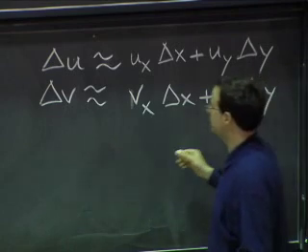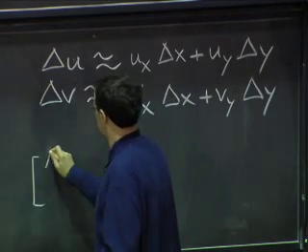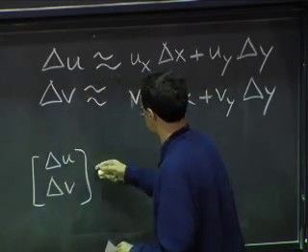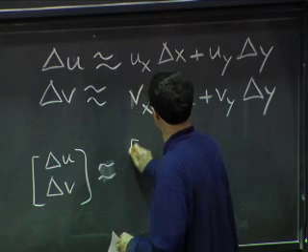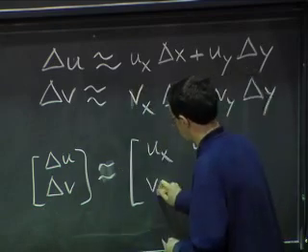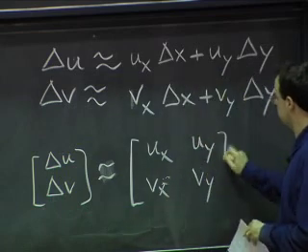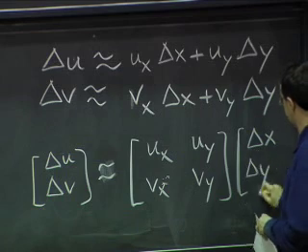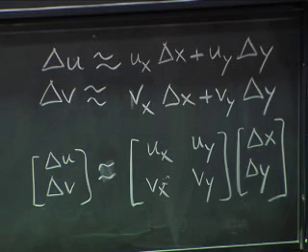Or the other way to say it, in matrix form, is that (delta u, delta v) is approximately equal to the matrix with rows (u sub x, u sub y) and (v sub x, v sub y) times (delta x, delta y). Okay?